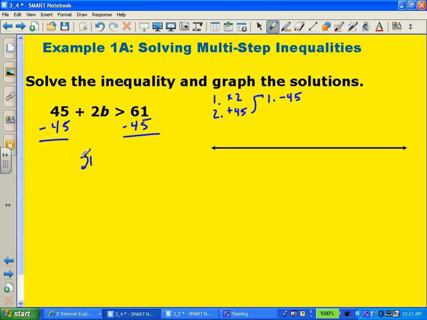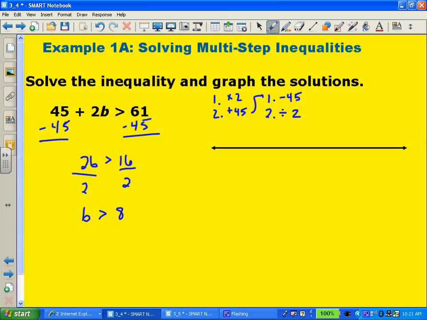So then I get 2b greater than 16. So then I divide by 2, because that's the opposite of timesing by 2. And I get b greater than 8.